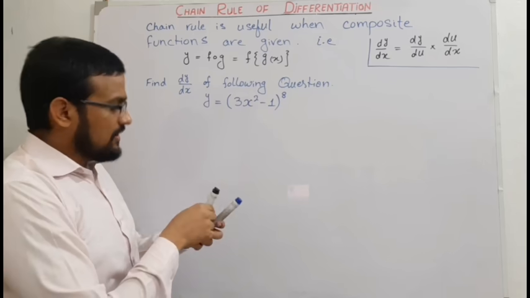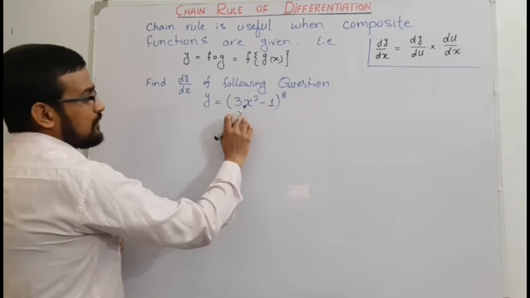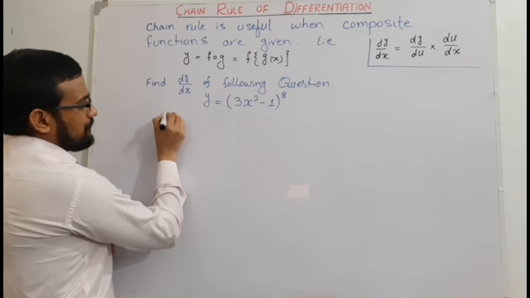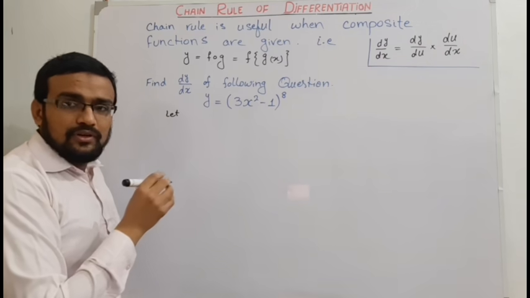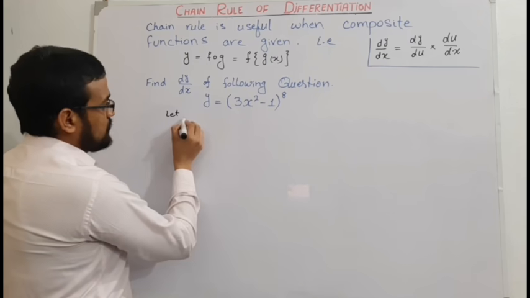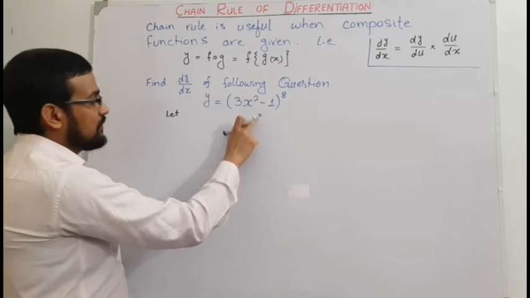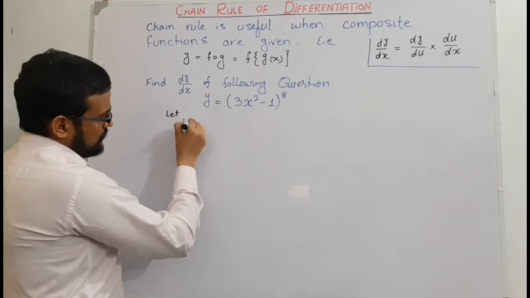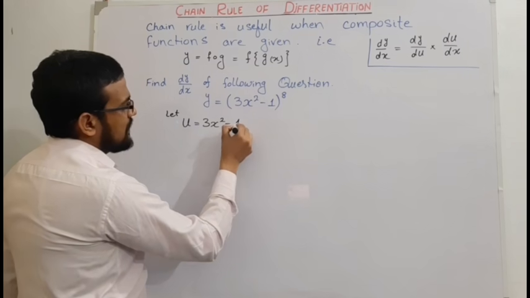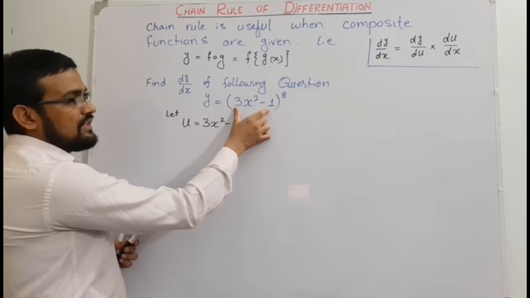Okay students, for easy solving, first of all, according to the previous proof by chain rule, let u be 3x square minus 1, this one, the inside function.